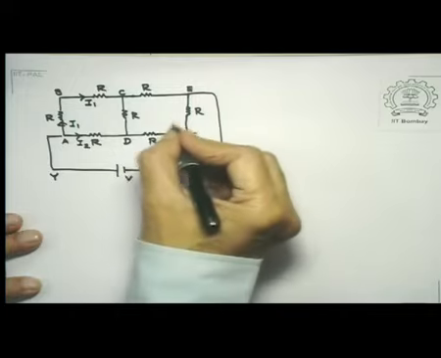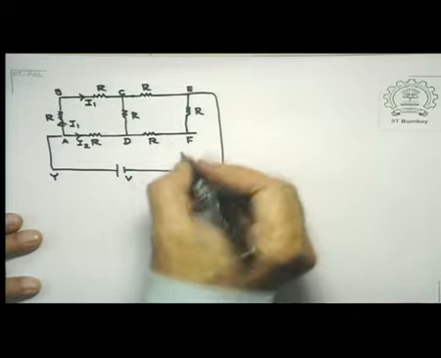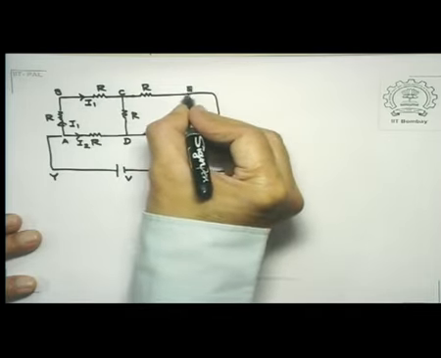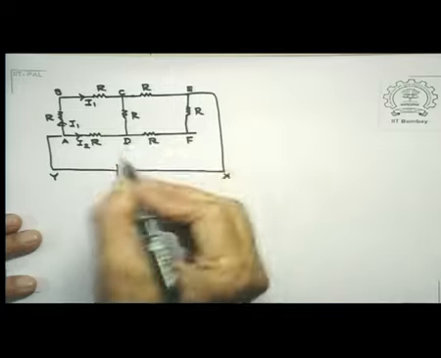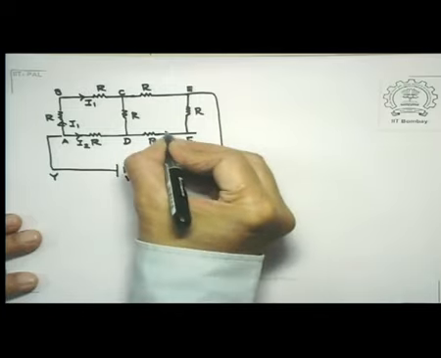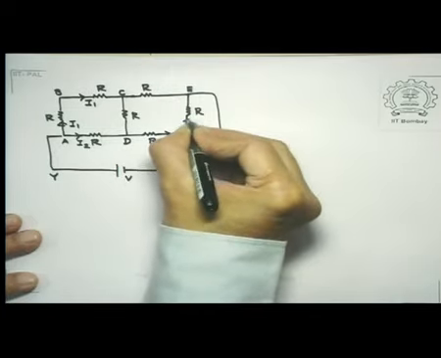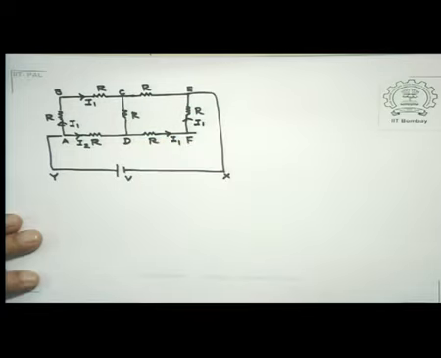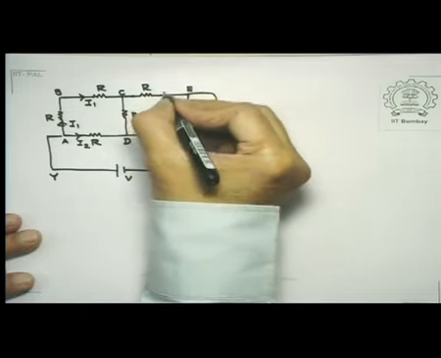And if I am looking at the symmetry on this side, then at the point E, this resistance and these two resistances are connected. So therefore, this must be I1, because here two series resistances are there, and therefore this one must be I2.